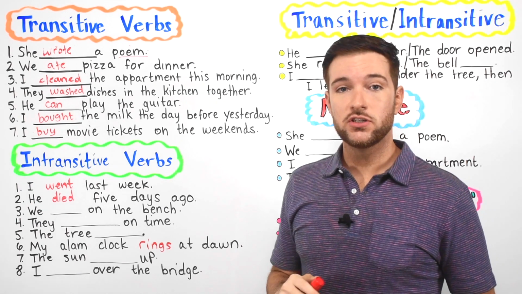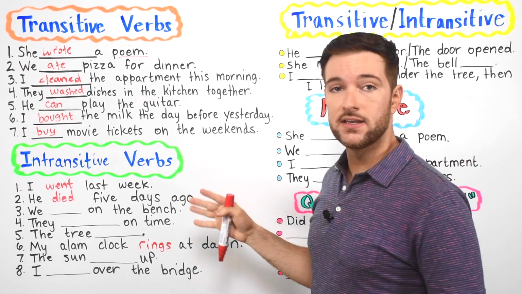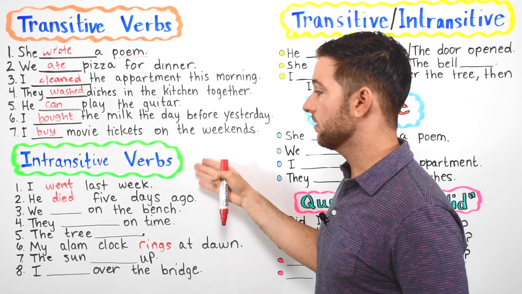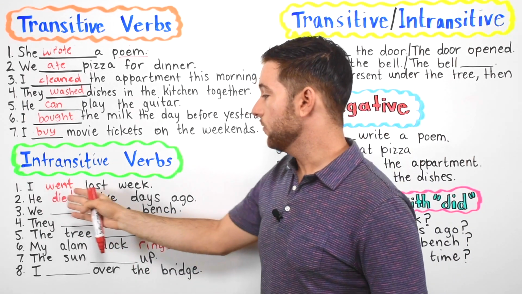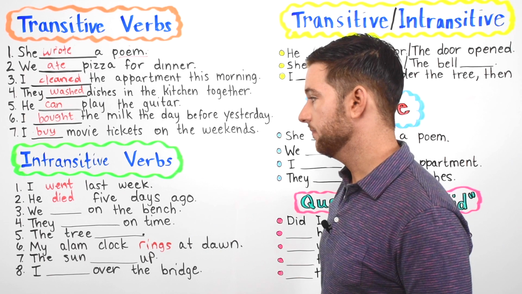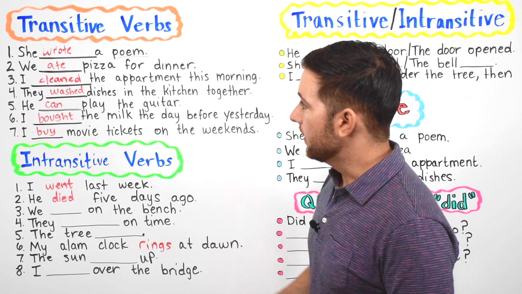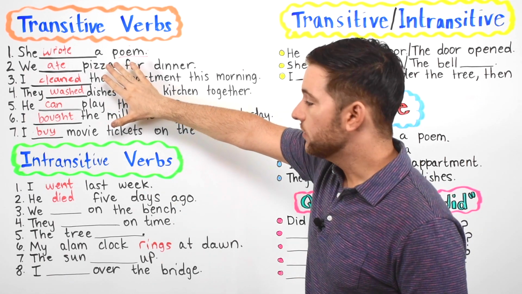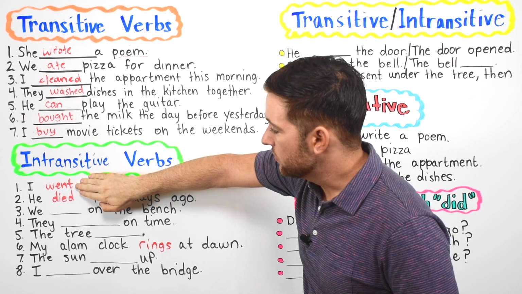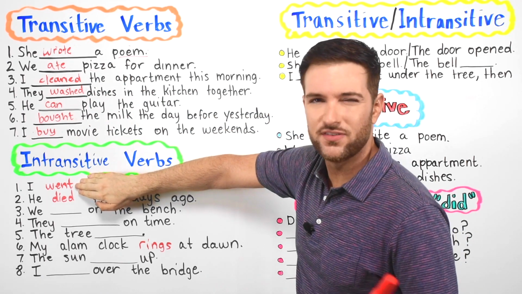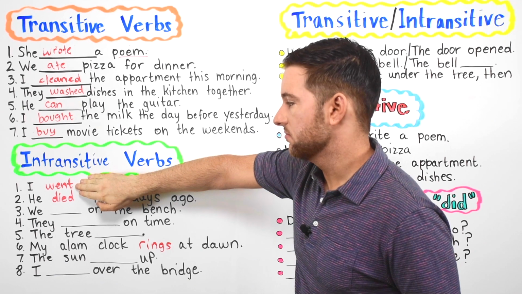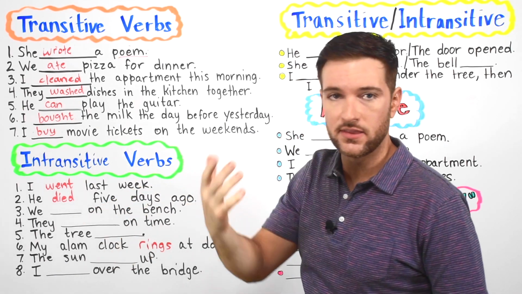Now, I want you to look at the sentences here and compare them a little bit with intransitive verbs. I went last week. Now, unlike these ones here, you don't need the rest of the sentence. You could just say I went and it's fine. You could say I went and then specify the time.